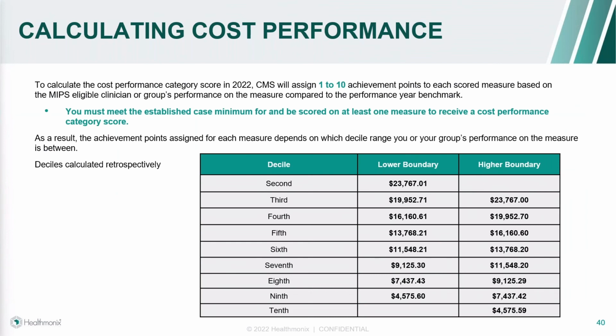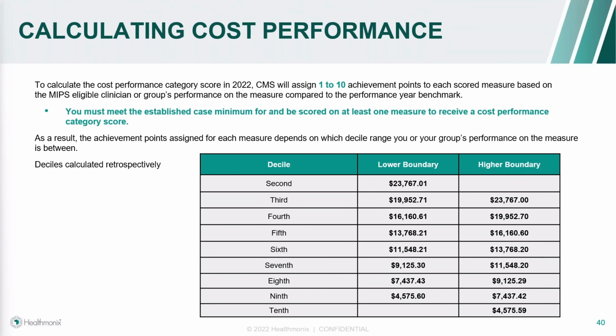So the way that your score actually works, the easiest case is where you have one measure that you're eligible for. The episodes for that measure would be added up to calculate an average, and that average also includes the risk adjustment for your patients, to come up with the basically benchmark score.